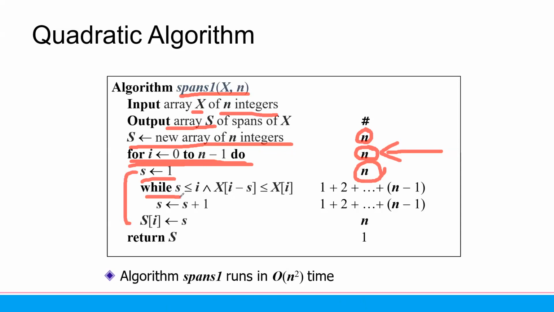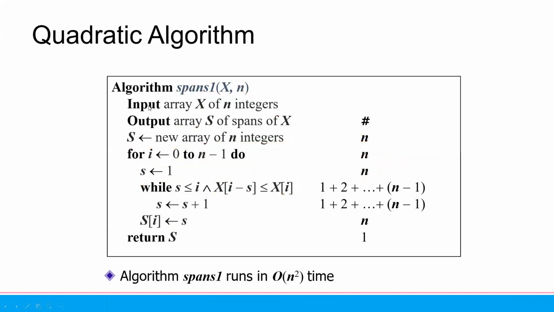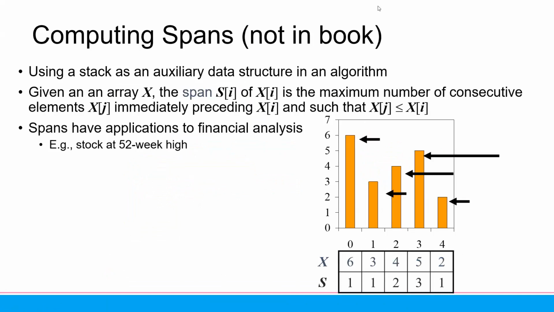And we have this one: while s is less than i and X[i minus s] is less than X[i]. When we are doing this while, the condition is like what we did before. 3 is less than 6, yes, then you will not do anything, so the number will be the same, or it will return back to 1.